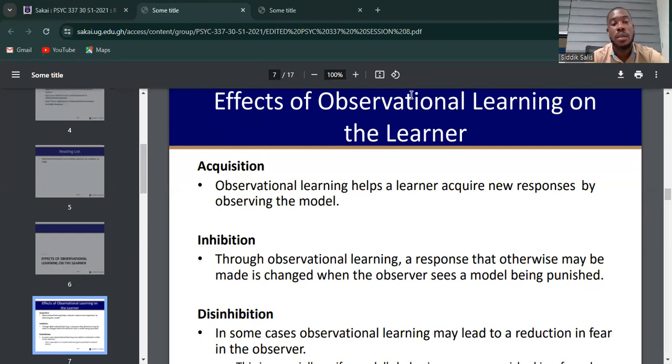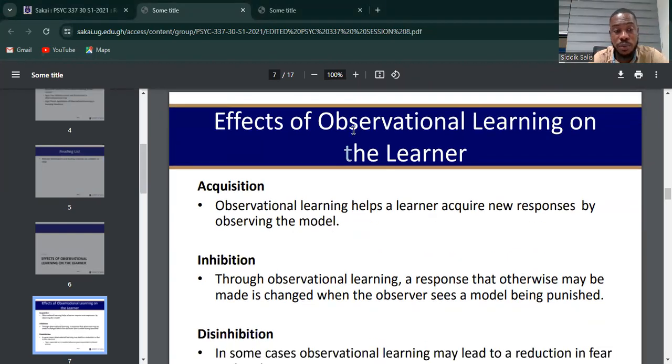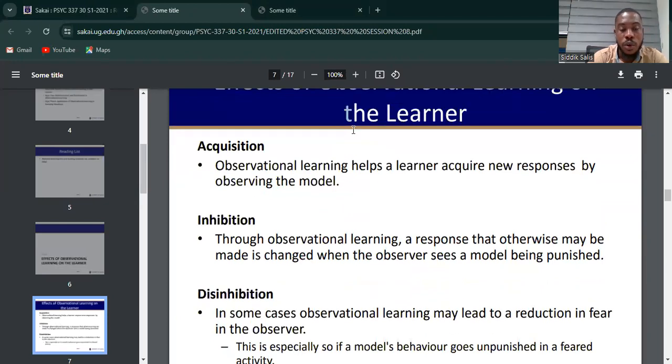So, effects of observational learning, and we've talked about acquisition. In classical conditioning, we associate a neutral stimulus with an unconditioned stimulus, which will elicit an unconditioned response. Later, this neutral stimulus becomes a conditioned stimulus.